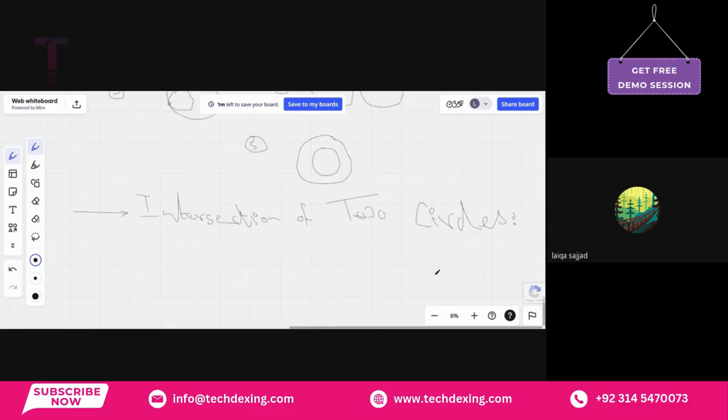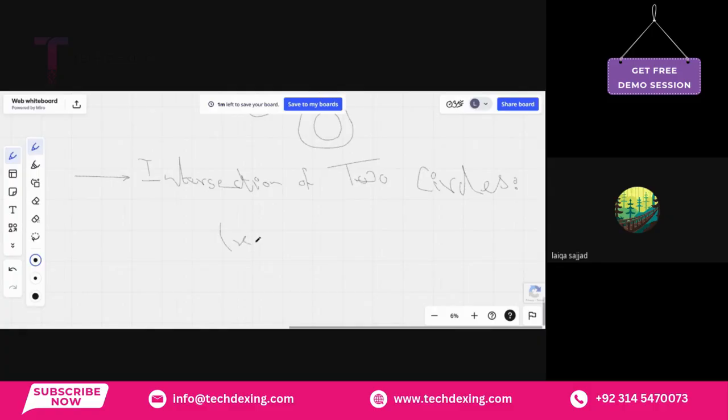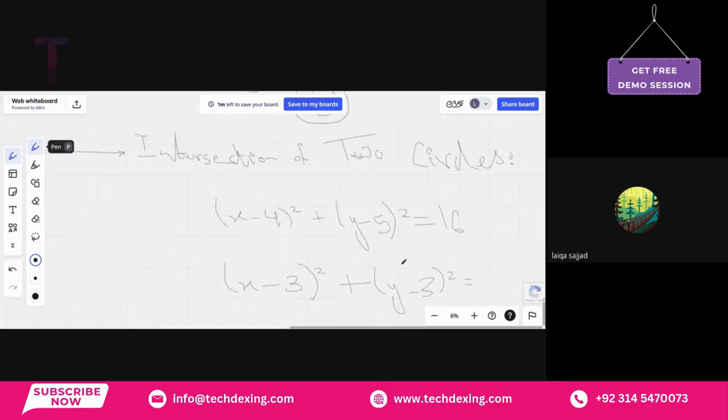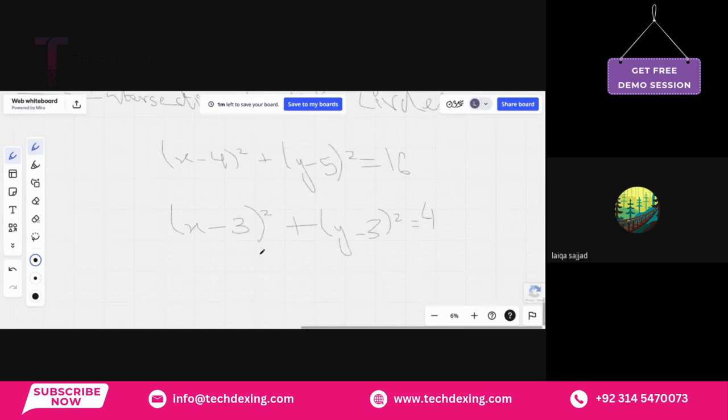If we are given the equations x minus 4 whole square plus y minus 5 whole square equals 16, and the second equation for the second circle, x minus 3 whole square plus y minus 3 whole square equals 4, and you are asked to tell how many points these circles are intersecting at each other.